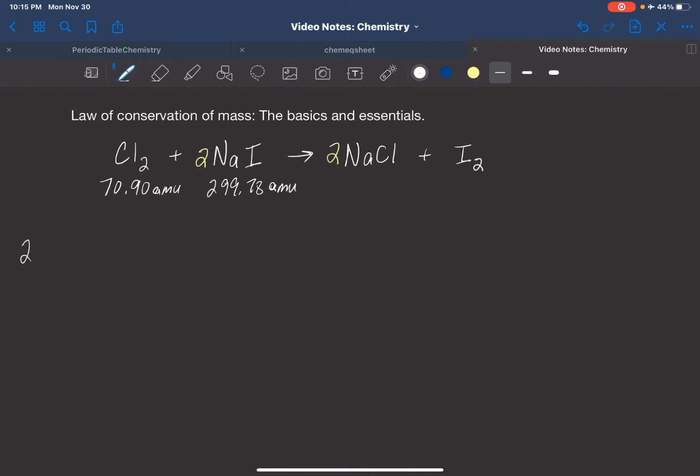We have 2 sodium chlorides. So that's sodium and then the chlorine, right? So we've got 2 of these and 2 of these, because that coefficient tells us we have 2 of all of that. Well, sodium, we already know, is 22.99 AMU, just like it was before.